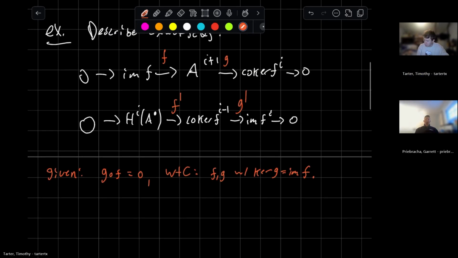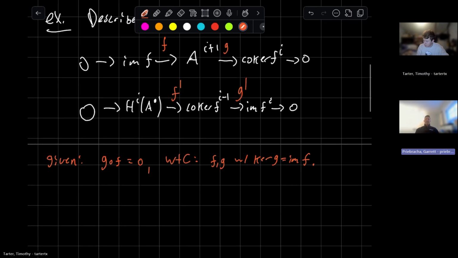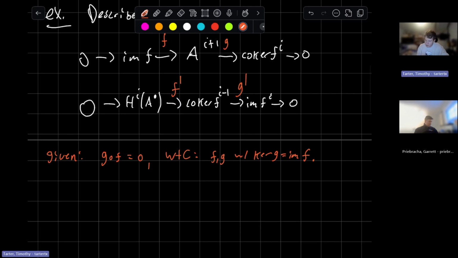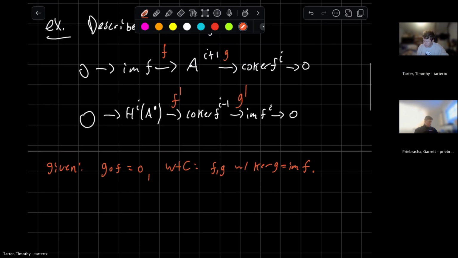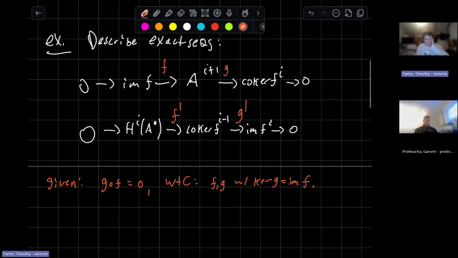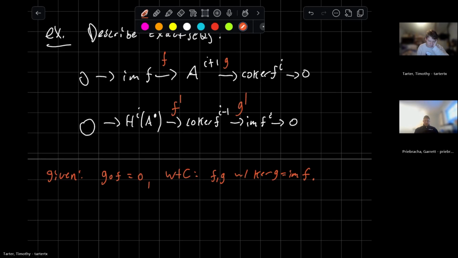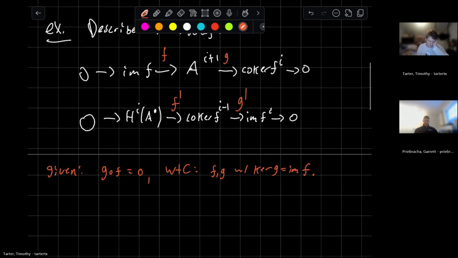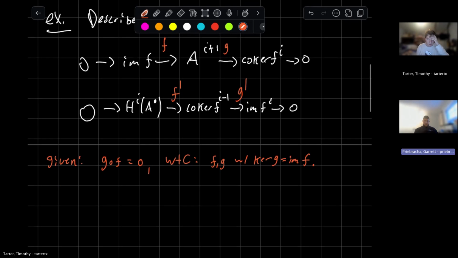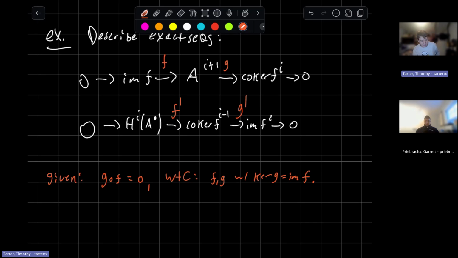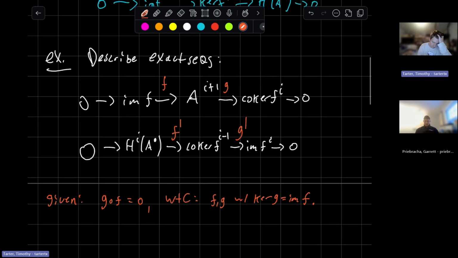I guess we can start. So the image of F injects itself into A. So the kernel of G has to be like, hold on.